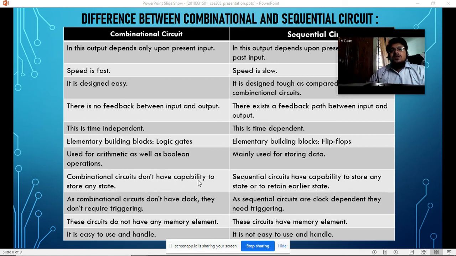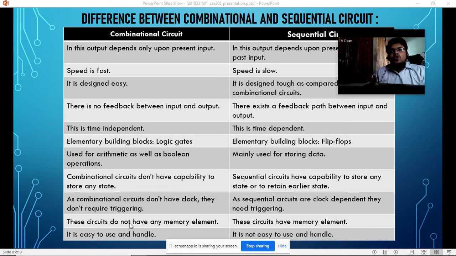Combinational circuits don't have the capability to store any state. Sequential circuits have the capability to store any state or to retain an earlier state. As combinational circuits don't have a clock, they don't require triggering, and as sequential circuits are clock dependent, they need triggering.